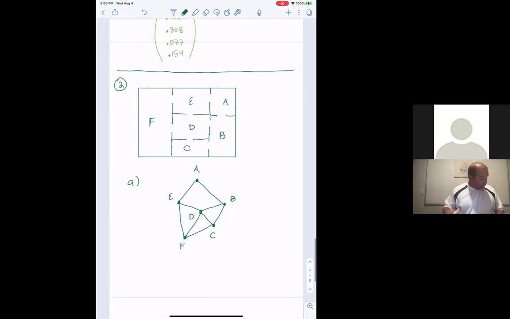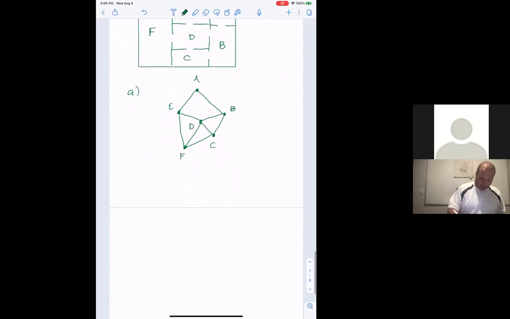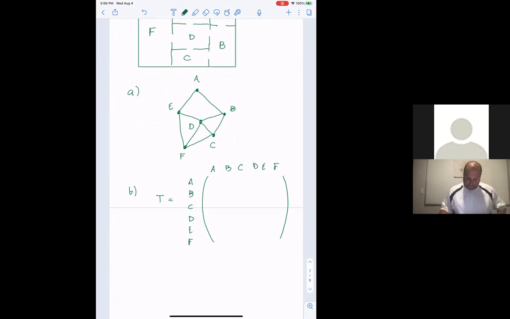The robot moves randomly, and once in a room is equally likely to leave through any of the gaps. So we have a random walk. So, well, since we know it's a random walk, that means we can write down the transition matrix. So A, B, C, D, E, F. A, B, C, D, E, F. Please go ahead and do that. I'll do it here.